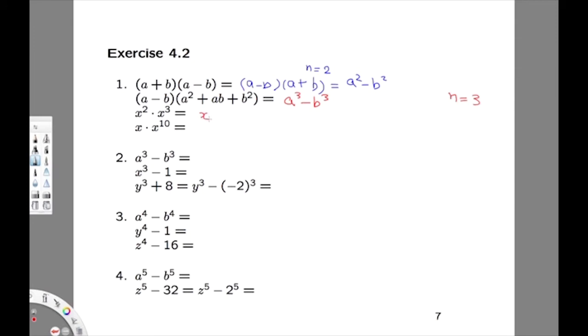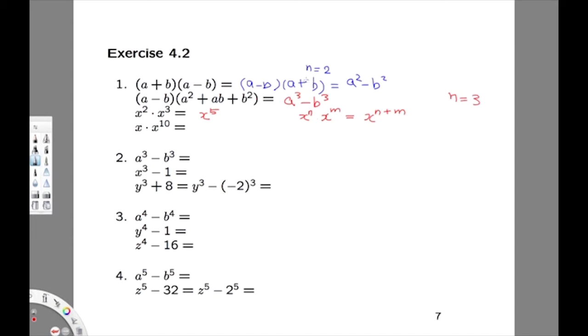This is x to the fifth power. The power rule is very important. We are going to use it very often. That's why I want you to check your understanding. This is n plus m, because x to the nth power is the product of n x's, and x to the mth power is m x's, right?